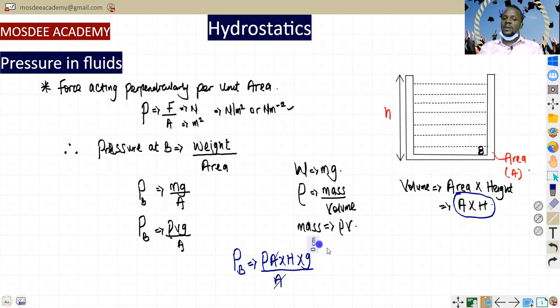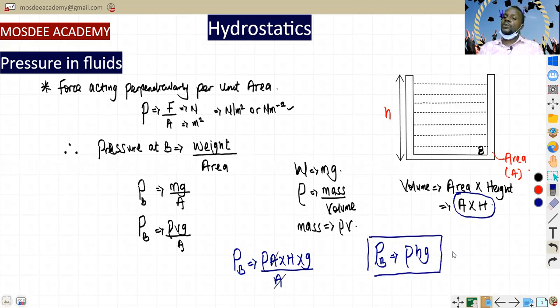If you look at that directly, we can conclude that the pressure, which we call the gauge pressure at B, is nothing but rho H g, or basically, as most of us know it, H rho g. Anyhow you want to write it, it is the same thing and is also valid.